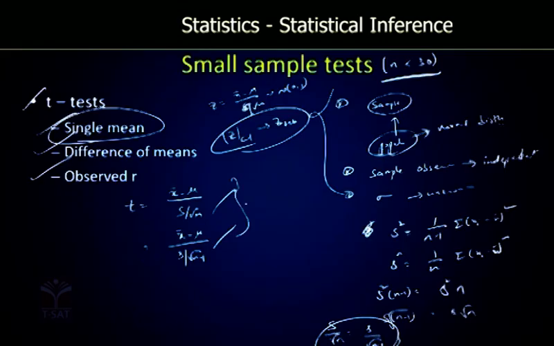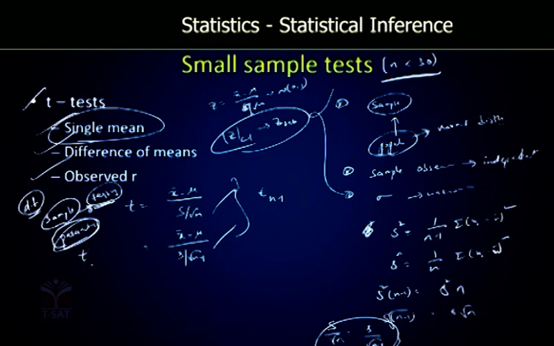So this value follows t distribution with n minus 1 degrees of freedom. Now what are degrees of freedom? Whenever you are estimating parameters, the test statistic will follow t with n minus k minus 1 degrees of freedom, where k is the number of parameters we are estimating. But in this test we are not estimating any parameters, so t with n minus 1 degrees of freedom.